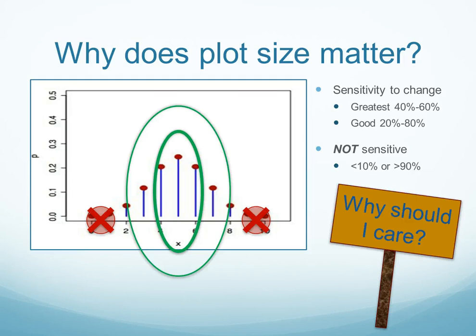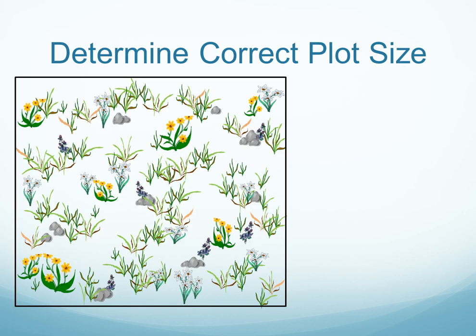So we try to avoid using quadrat sizes that are going to produce frequency estimates in these extreme ranges. So let's talk about how we go about determining the correct plot size for individual species.